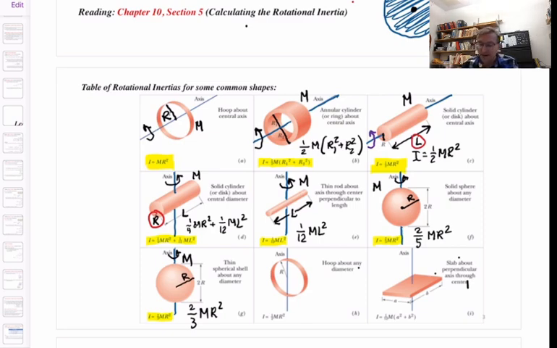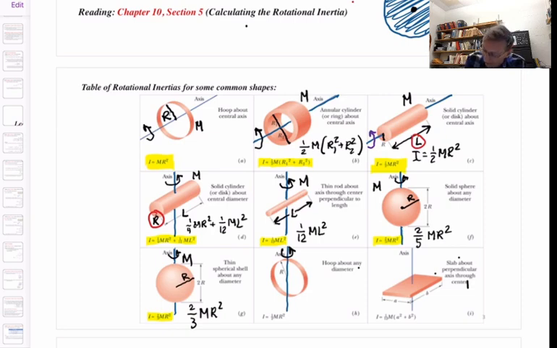H takes the very first shape, a hoop, but instead of rotating about a central axis, the axis goes along any diameter of the hoop. And now the thing is rotating about that axis. Still mass m, radius r.